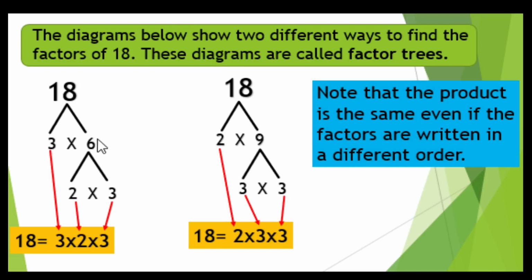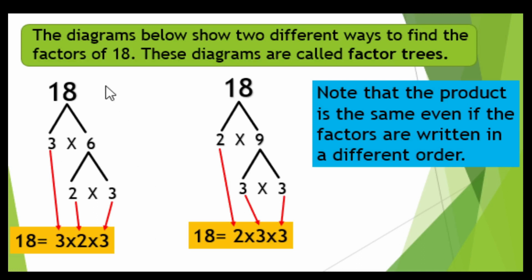Since 6 is a composite number, we need to factorize. We need to think again of two numbers that will get a product of 6. So I come up with the numbers 2 and 3, because 2 times 3 is equal to 6. Since 2 and 3 are prime numbers already, we don't need to factorize anymore.